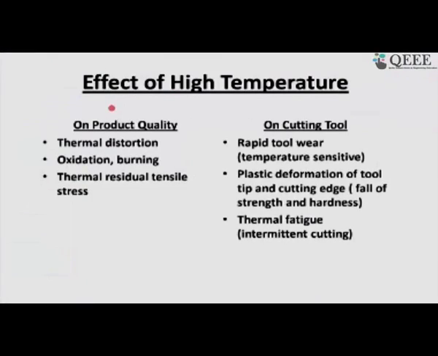So, we have no other choice but to see the fate of the tool, that it is undergoing some plastic deformation, that means geometry is totally distorted and it is of not much use, and you have to withdraw the cutting tool. And finally, thermal fatigue.